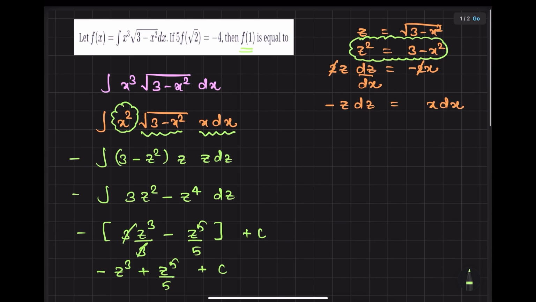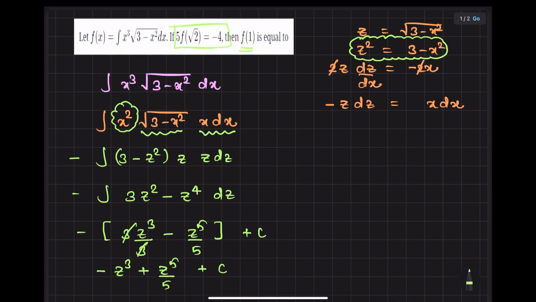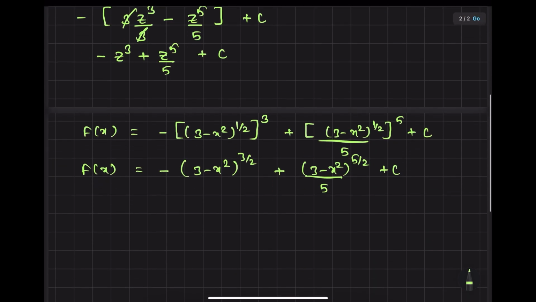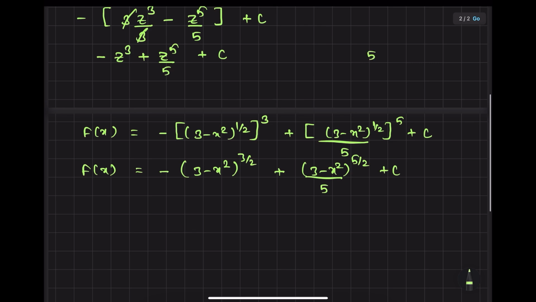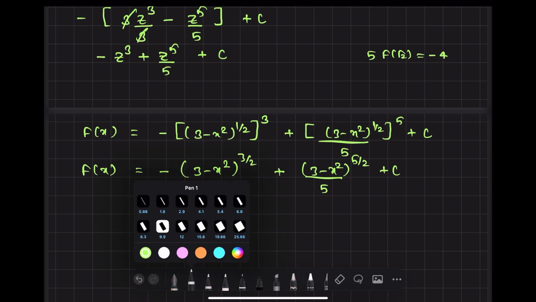To get the value of c, they have given you this result: 5 times f of root 2 is minus 4. So what I will do is replace x with root 2 to find the value of c.